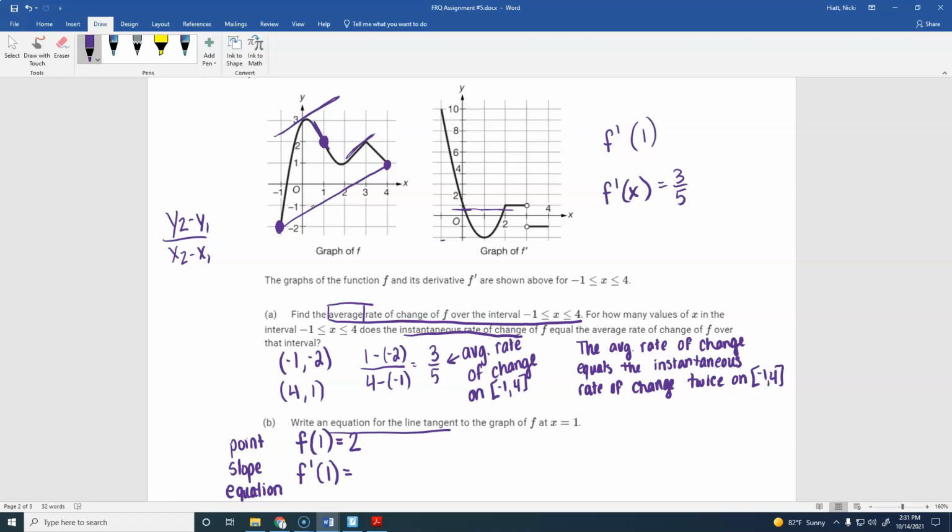We're looking at the second graph, and we get -2. So we've got the point (1, 2). We've got a slope of -2. And so from here, you can just write the equation. So y equals -2 times (x minus 1) plus 2. And just leave it like that.